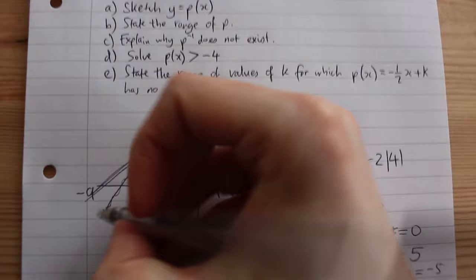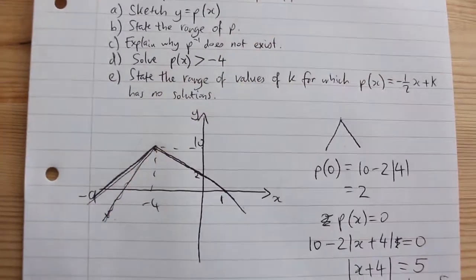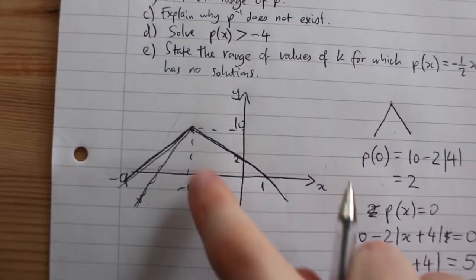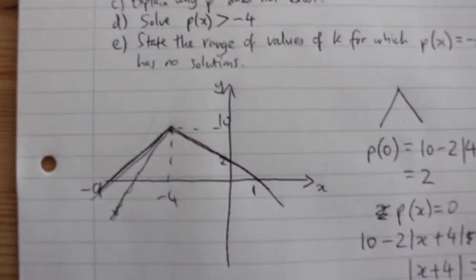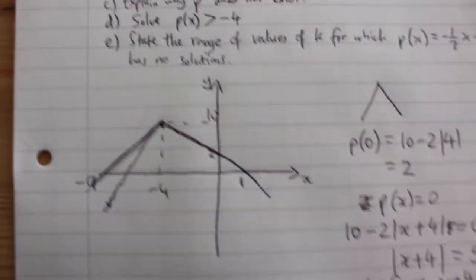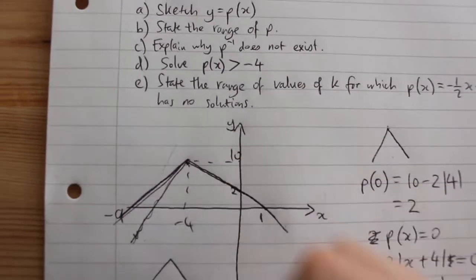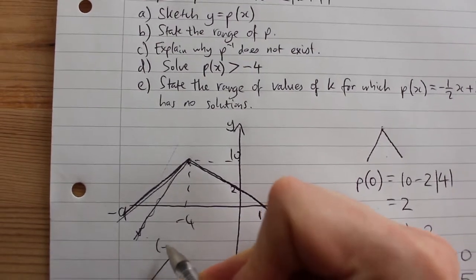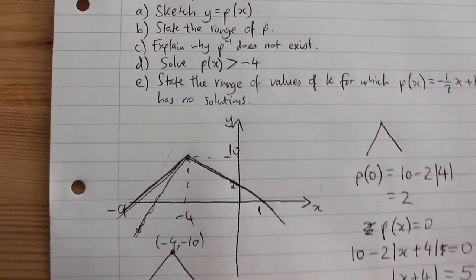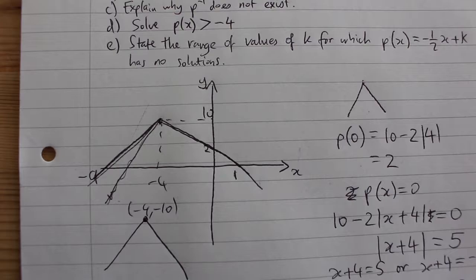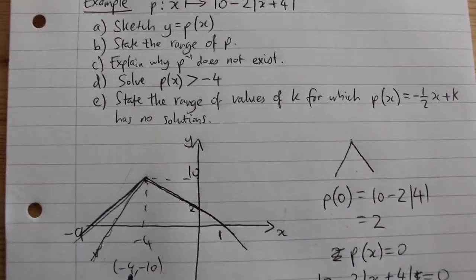Okay, that's not the best sketch, but it shouldn't really be feathered here. It's just I was silly and drew it in pen. Anyway, the graph should look this kind of shape, where this point is minus 4, 10, and it crosses the axes at these 3 points we've found. Okay, so that's the graph.